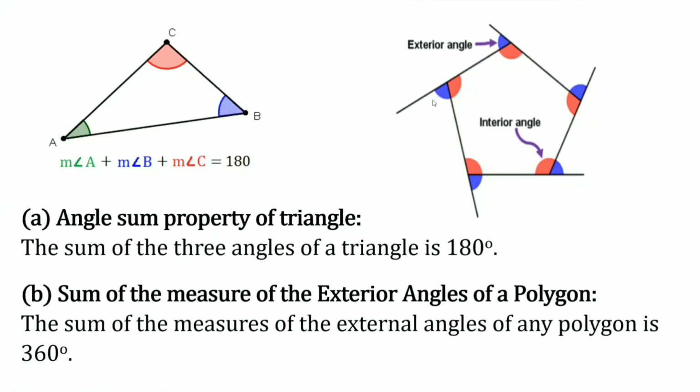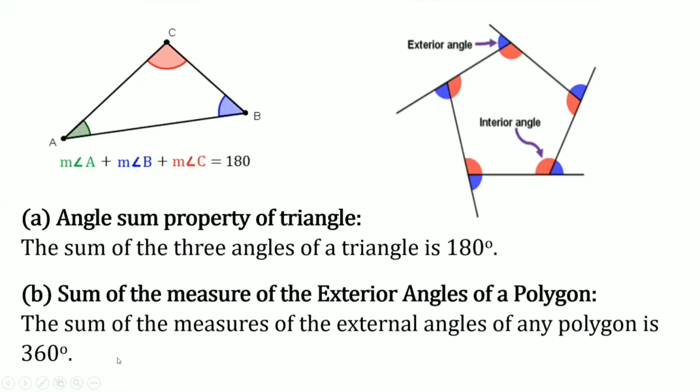Even if you sum up all 6 exterior angles of a hexagon, it will also be 360. For a heptagon also it is 360. For any polygon, the sum of the measures of the external angles, remember we are talking about external angles only, is 360 degrees.